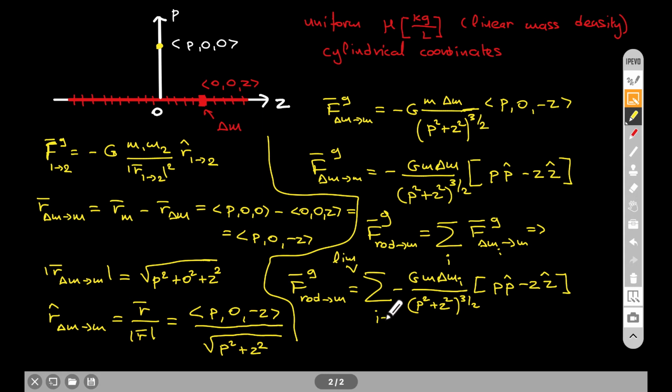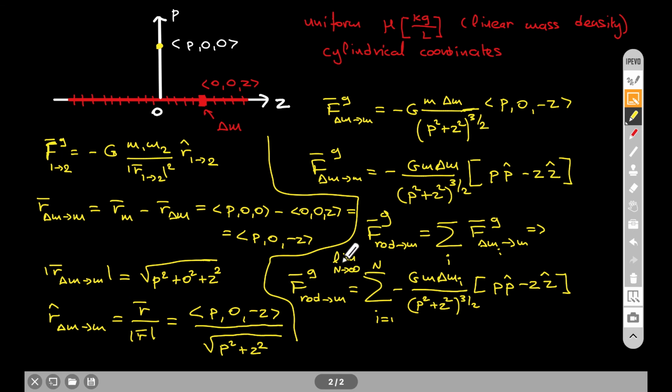I will go from 1 to n, and I'm going to add that I'm taking the limit when n goes to infinity, because this will make my calculation more accurate.